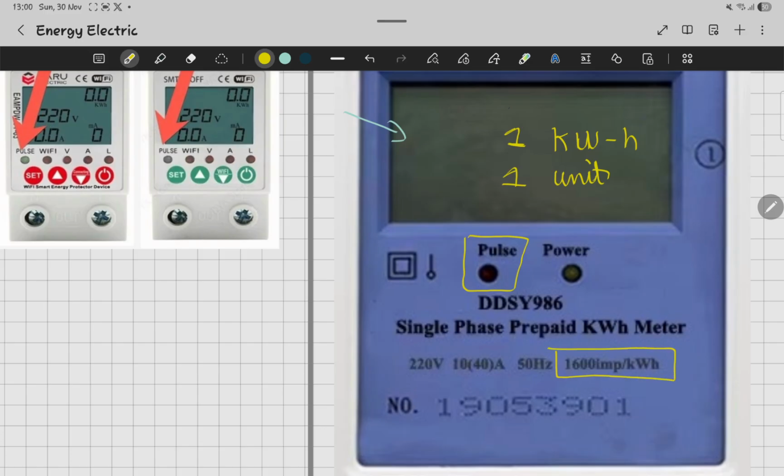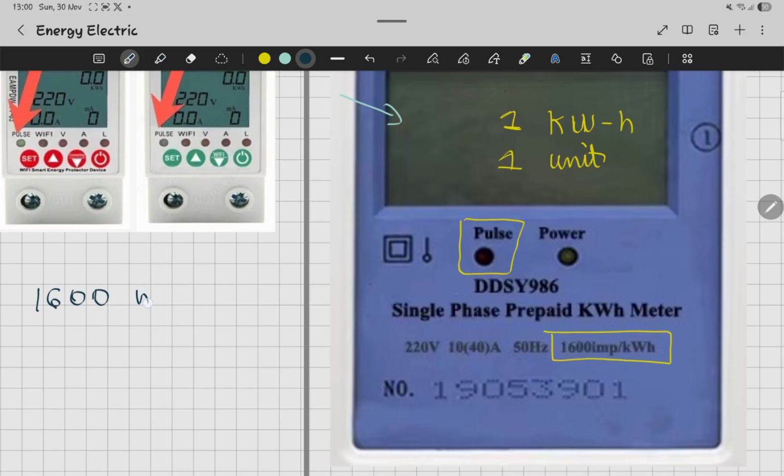The 1,600 number that you see here, that's what we're going to use. So it's 1600 impulse per kilowatt hour.